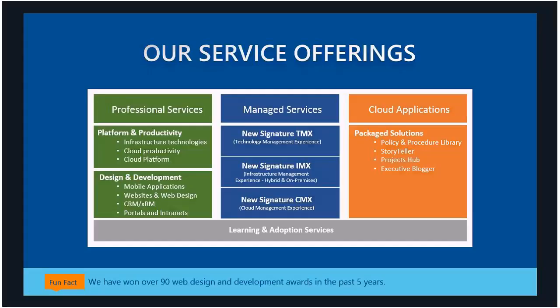Our services are built on three pillars or offerings. We have our professional services, managed services, and cloud applications. Just briefly, with our professional services, we have consulting capabilities, which we divide into various practices like platform and productivity, and even custom design and development.